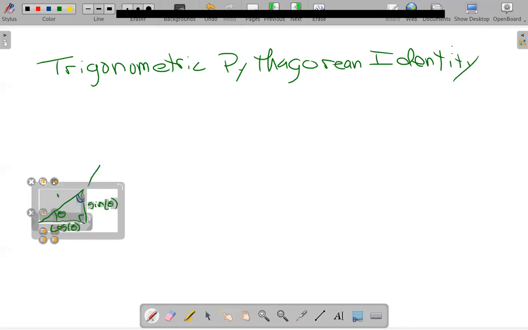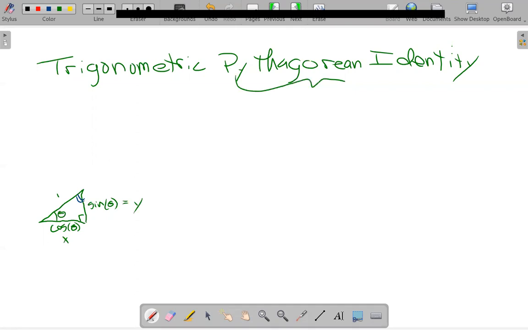All right, so let's check this. Check this picture out. So here I have a right triangle, true. And sometimes we call this length the cosine for doing trigonometry. Sometimes we could just call it x. And sometimes we call this the sine, but we could also call it just y. And the regular Pythagorean identity says that x squared plus y squared equals 1.